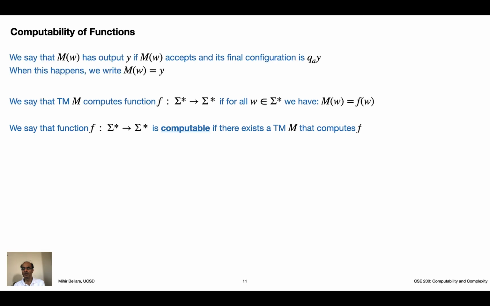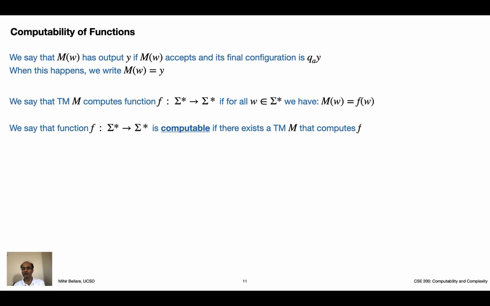Similarly, it's worth saying what it means to compute a function. So remember that a Turing machine can not only accept and reject when it halts, it can have an output. The output is simply whatever it leaves on its tape up to the first blank symbol.